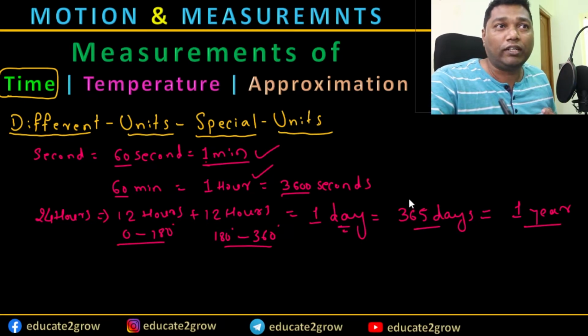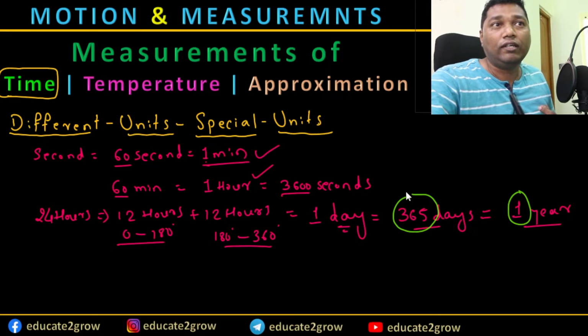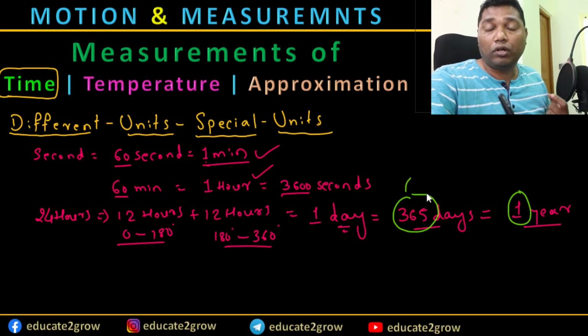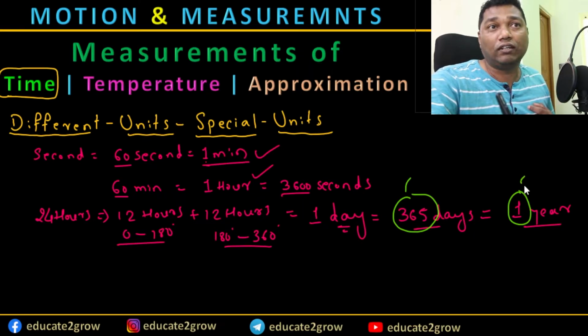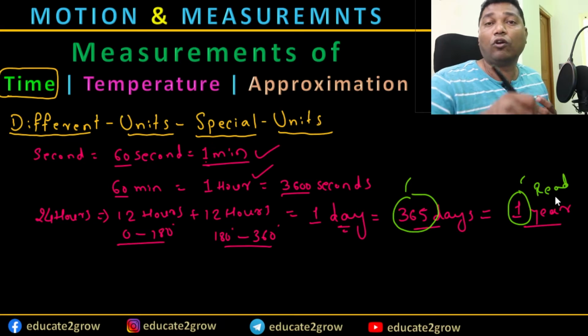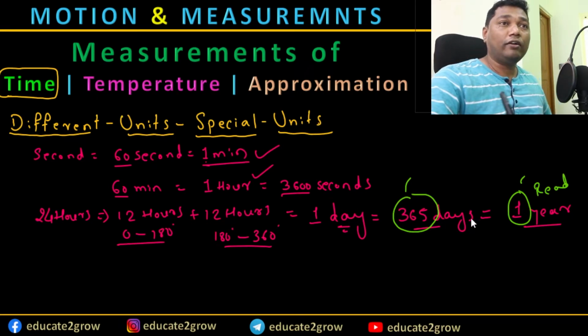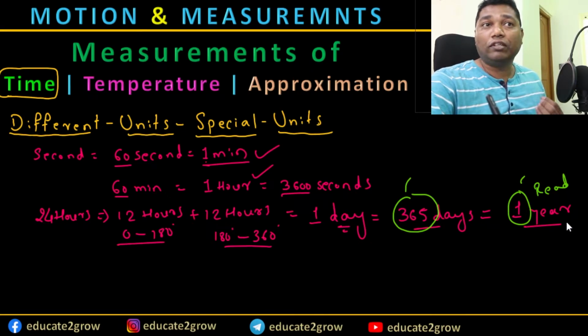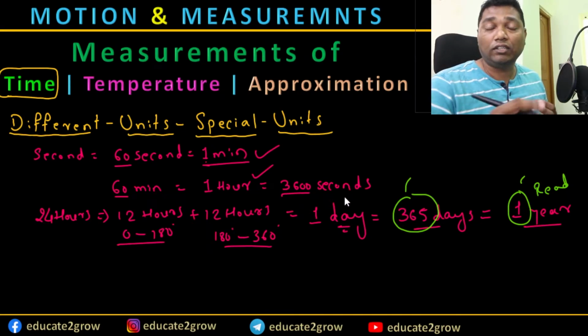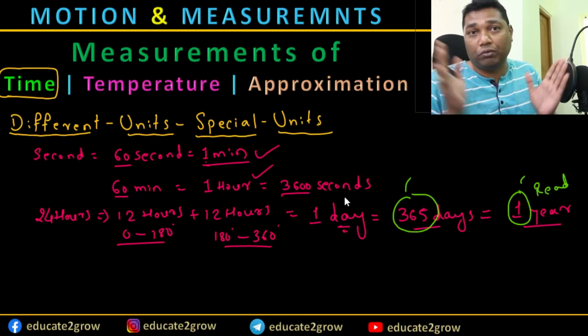You see 365 days and 1 year. Here is a complex, multi-digit number, and here it is only a single one, which is very easy to read in the long run. This is not comfortable. And if we convert this year into seconds, it will be a huge number.